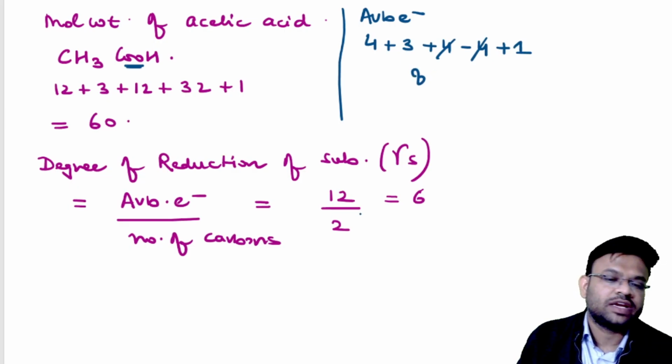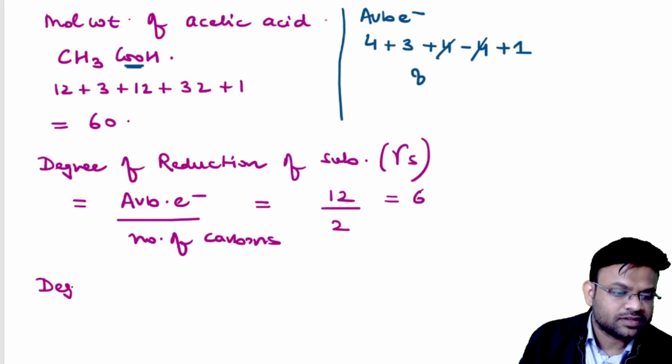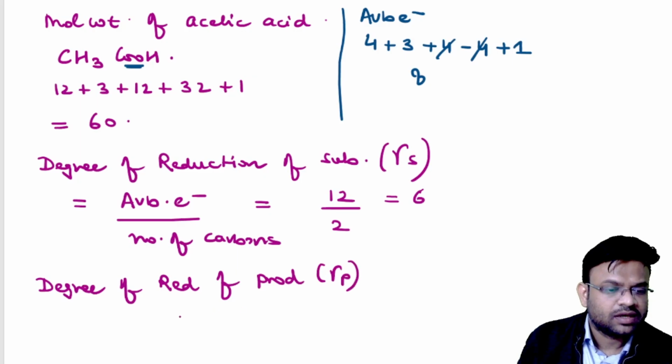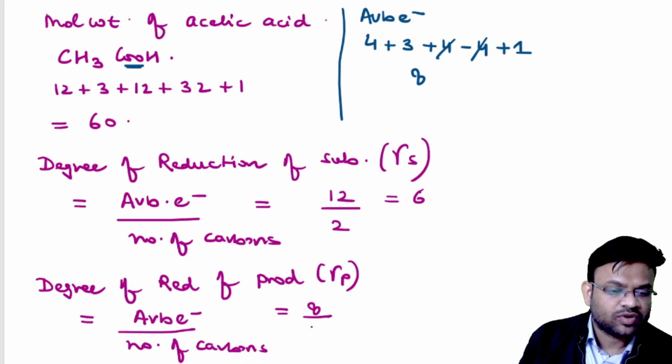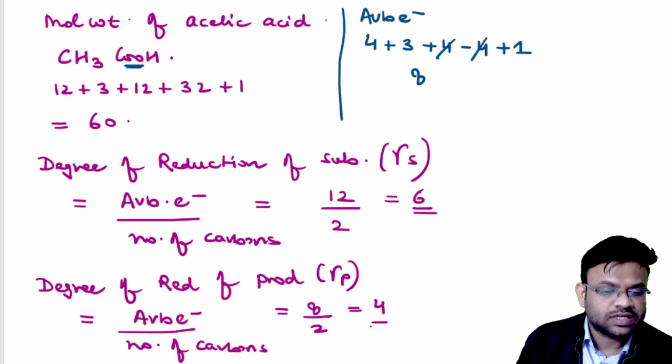This would be the available electrons, and the degree of reduction of product can be given as gamma P. It can be calculated as available electrons upon number of carbons. So it would be 8 upon 2, and this would be coming out to be 4. So this is one value, this is another value.